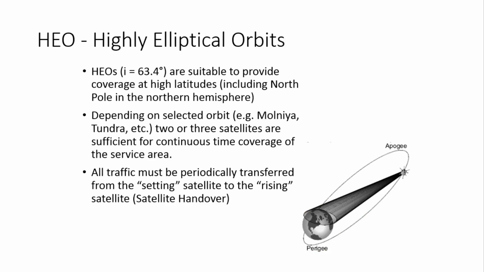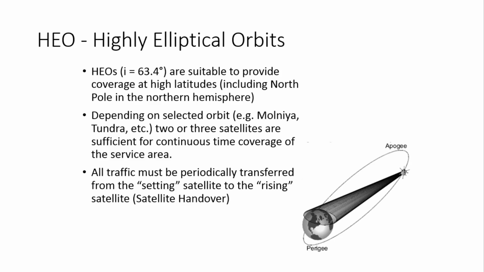HEO, that is highly elliptical orbits, with inclination i equal to 63.4 degrees, are suitable to provide coverage at high latitudes, including the North Pole in the Northern Hemisphere, depending on the satellite orbit, such as Molniya. Two or three satellites are sufficient for continuous coverage of the service area.